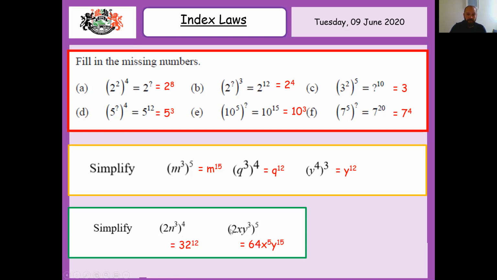Down here, once again, we had to deal with the coefficient, which this time is 2 to the power of 5, which is 64. And then we had to multiply x to the power of 5 and y to the power of 3 times power of 5, which is where the power of 15 comes from. Don't worry if you didn't get them. They were designed to be challenging.